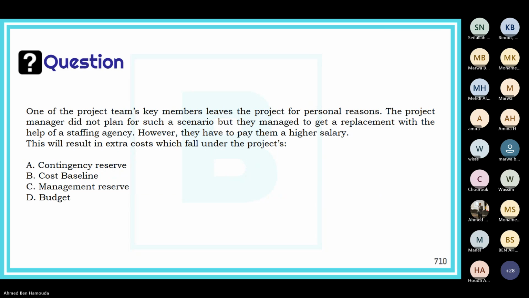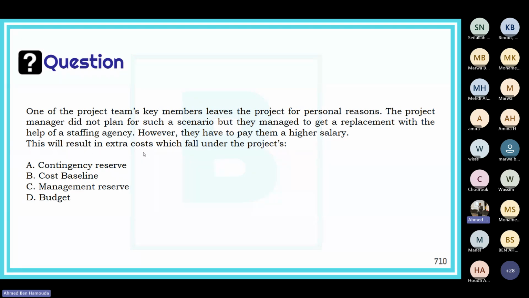One of the project team's key members leaves the project for personal reasons. The project manager did not plan for such a scenario, but they managed to get a replacement with the help of a staffing agency. However, they have to pay this new recruit a higher salary.